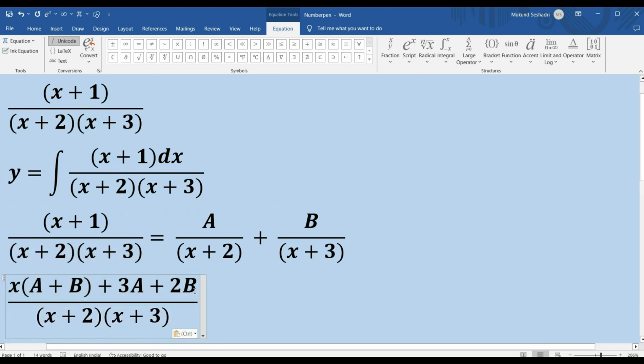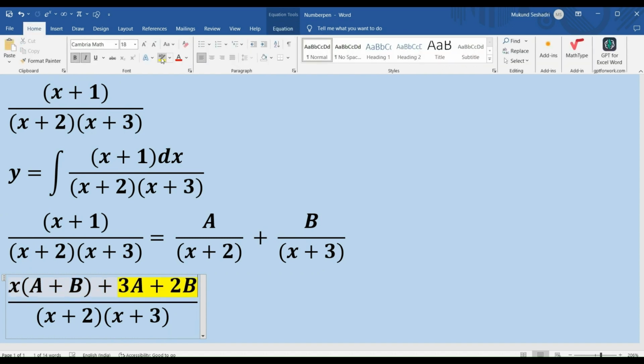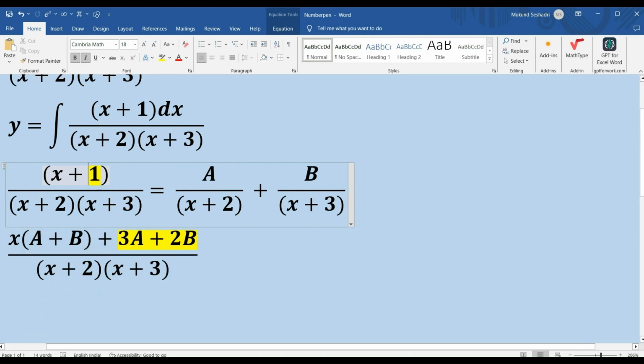So now I go back and compare it with what I have in the numerator, right? I have a constant term in the numerator, which is 1. And when I express it using a and b, I realize that it is equal to 3a plus 2b, right? So let me highlight that particular 1 as well. So my 1 is equal to 3a plus 2b as far as this expression is concerned.